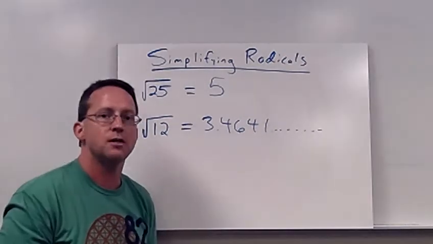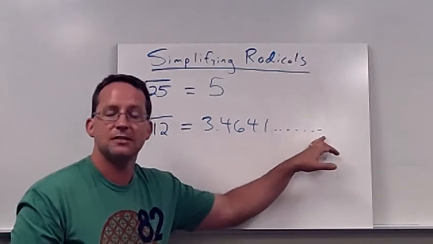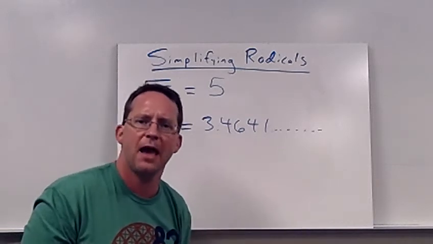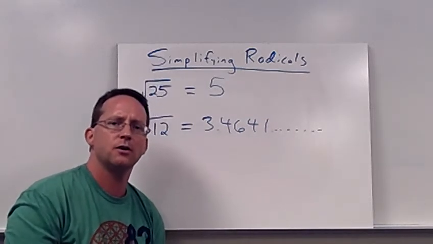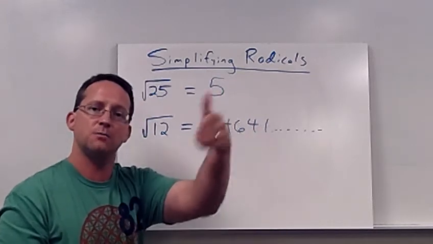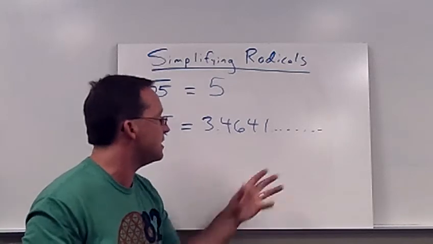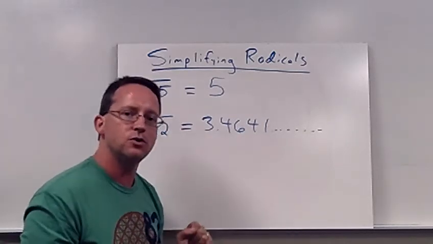It's awfully close, but it's not mathematically accurate for a couple reasons. One, I put this ... here. That ... indicates you've got some kind of repeating pattern. And as you can tell, as that decimal fills your calculator screen, that's not a constant pattern. It seems to be kind of random numbers. So that's not really accurate to say. The other thing is I can't say that these two really are equal to each other.